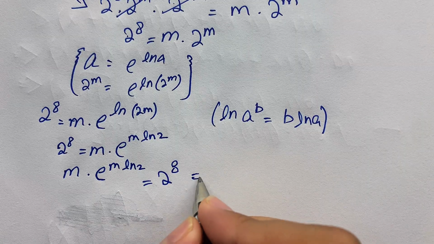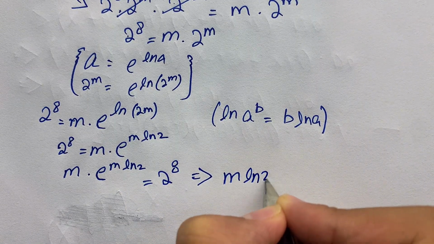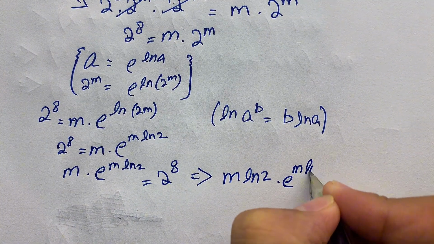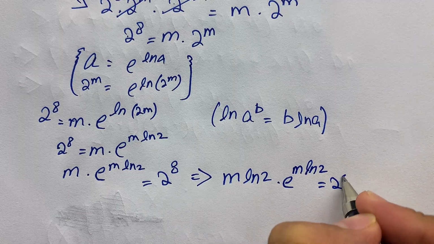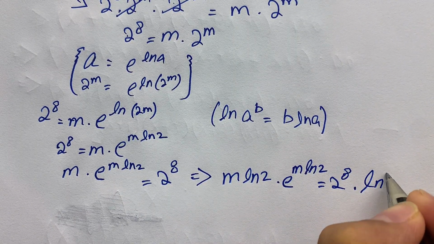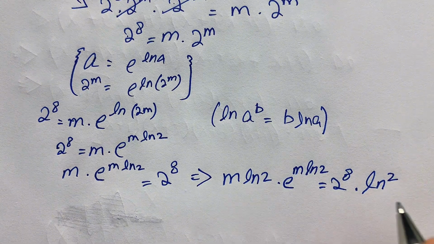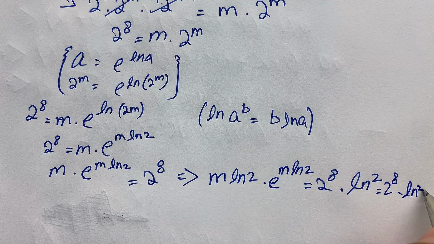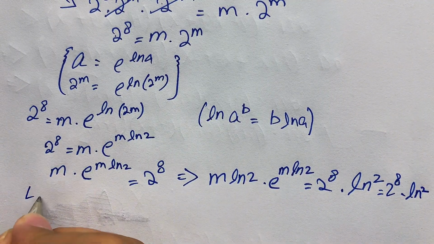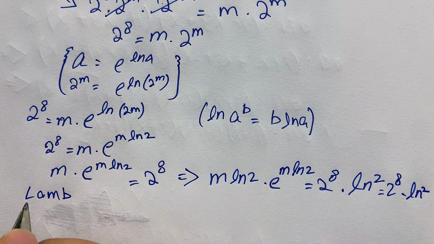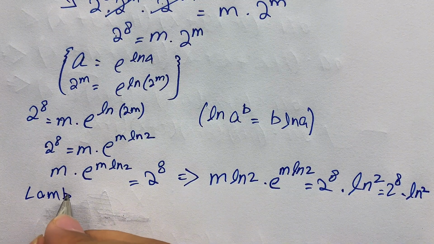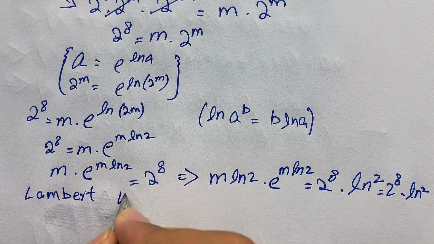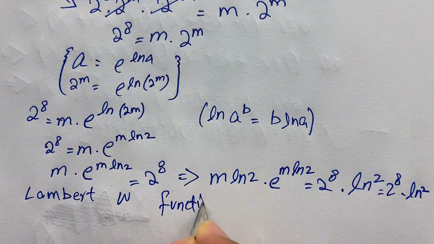So next this will be m ln 2 into e^(m ln 2) is equal to 2^8 into ln 2. Now we apply the W function on this.